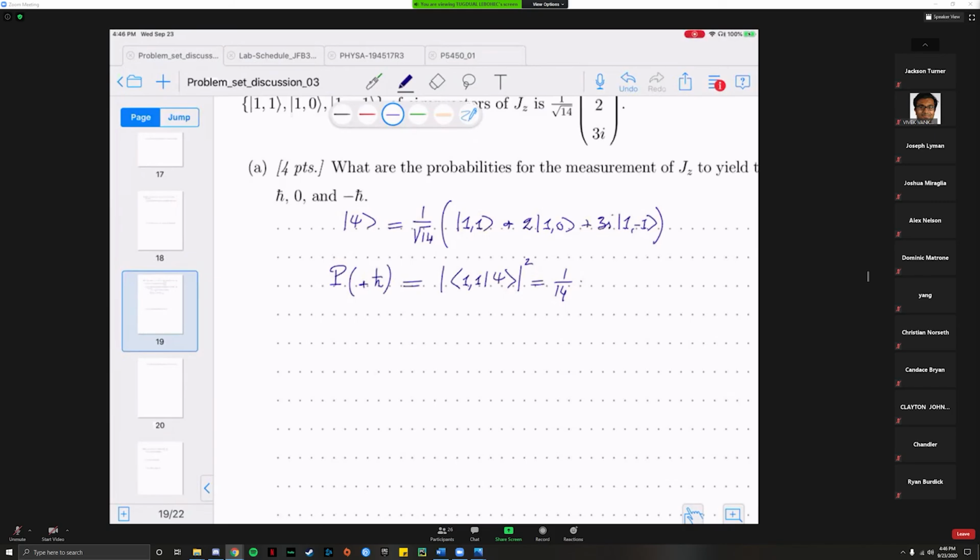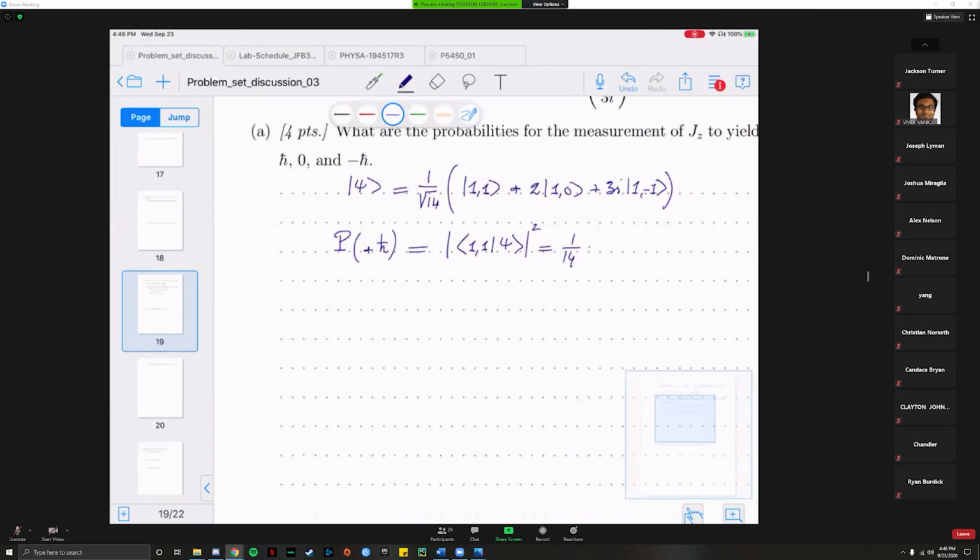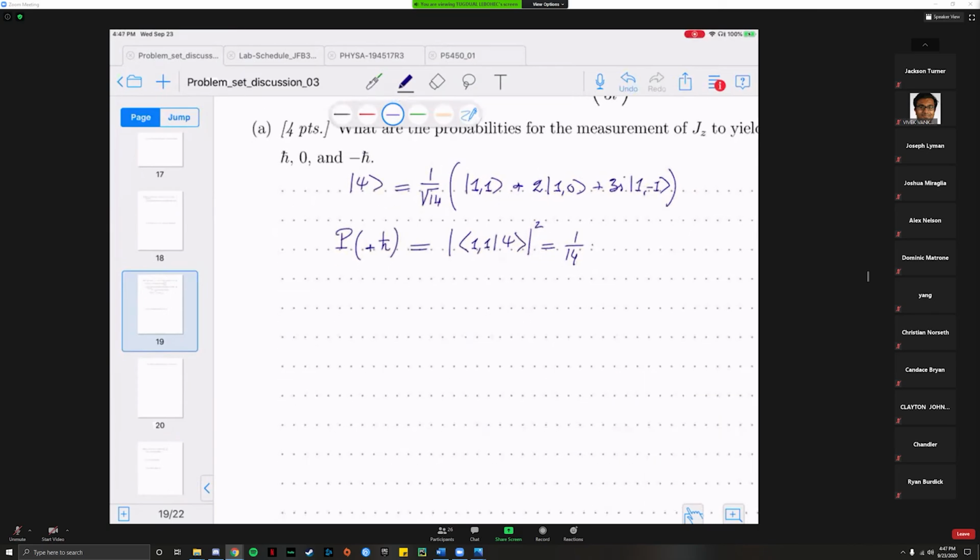So always, when you are talking about measuring A for a state psi, to calculate the probabilities of obtaining each possible value, so each possible eigenvalue of A, you need to take the component of psi along the eigenvector corresponding to the eigenvalue of A that you're considering, and take the magnitude square.